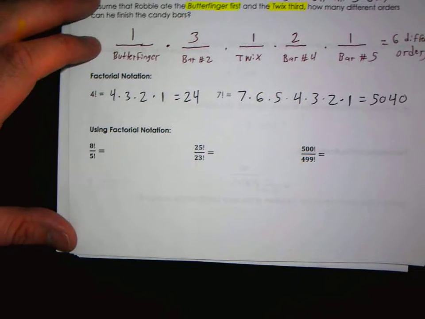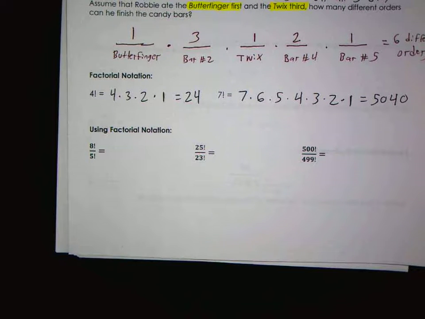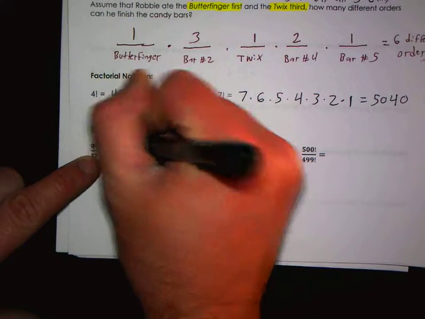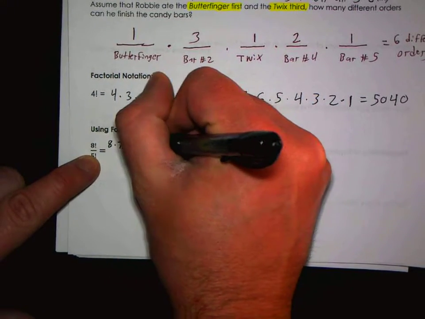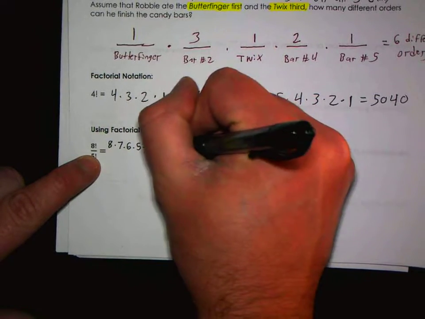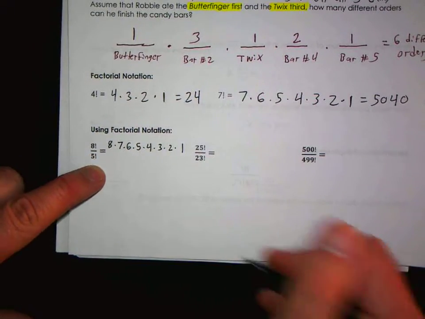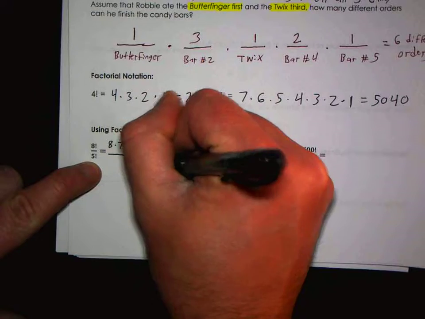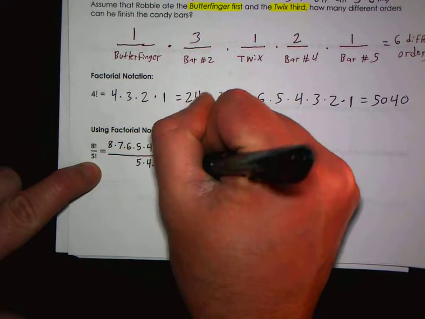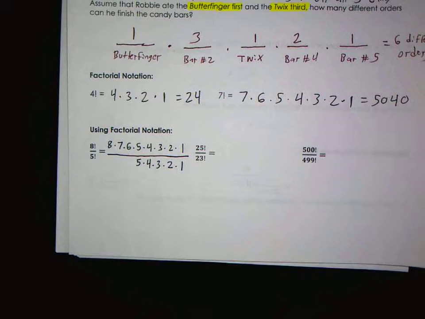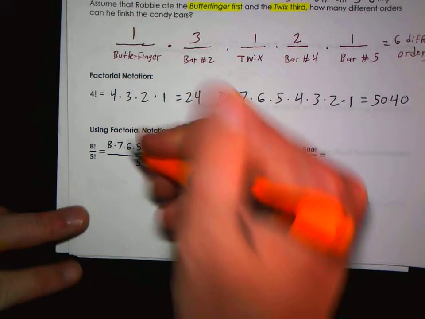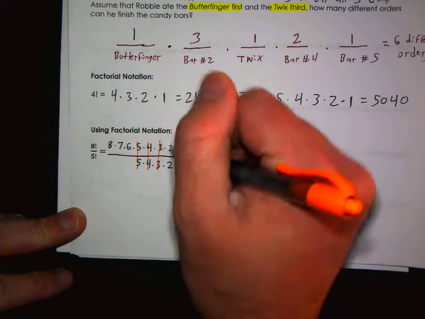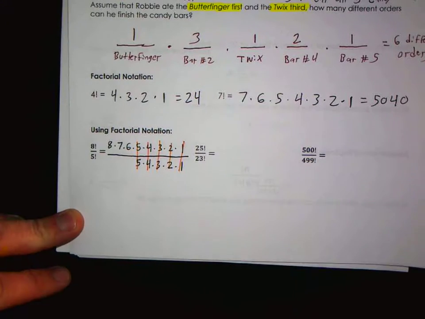Okay? Now a little bit of math. 8 factorial. That means 8 times 7 times 6 times 5 times 4 times 3 times 2 times 1. Correct? And 5 factorial means 5 times 4 times 3 times 2 times 1. Lucky for us, 5 divided by 5 is 1, 4 divided by 4 is 1, 3 divided by 3 is 1, 2 divided by 2 is 1, 1 divided by 1 is 1.